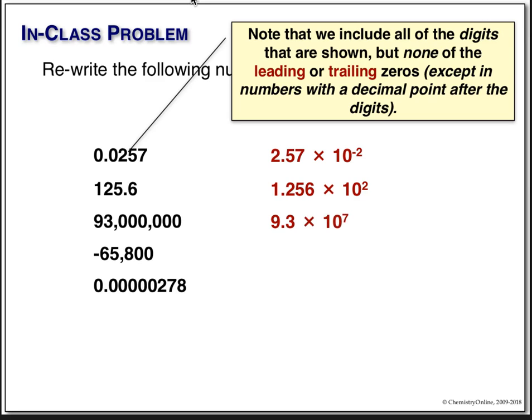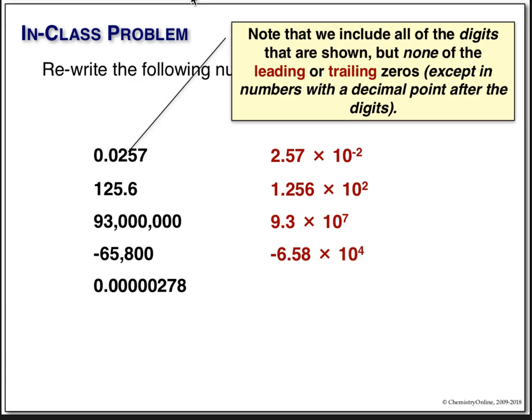Doesn't matter if it's plus or minus, of course not. We want our decimal point here between the 6 and the 5. To get there, we had to go to the left 1, 2, 3, 4 places, 10 to the 4.